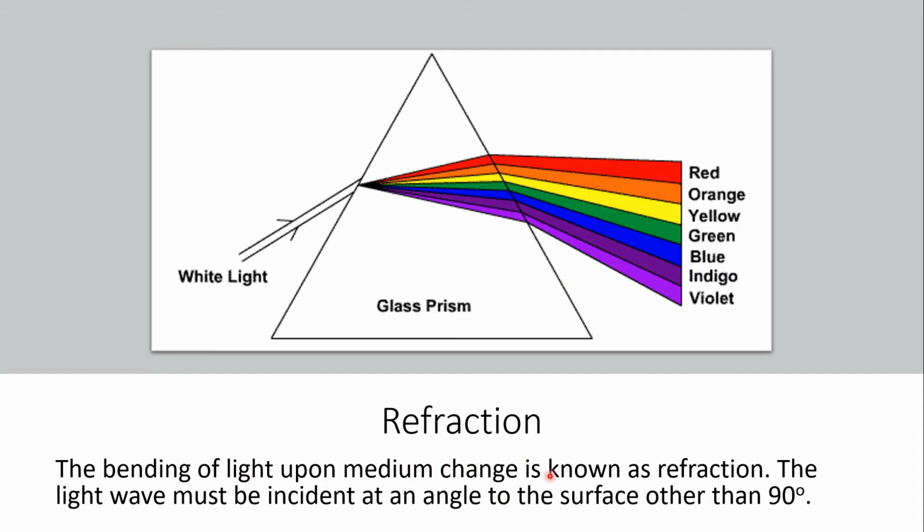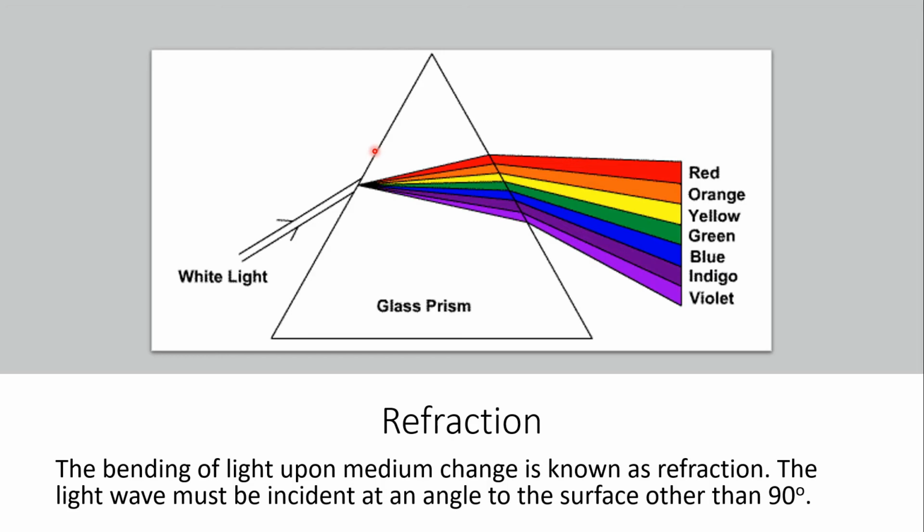The more important part is that the light should be incident at an angle other than 90 degrees, so it shouldn't be perpendicular to the surface. If it's at 90 degrees, it will pass straight through and it won't bend. On the other hand, if it's at any angle other than 90 degrees, it would bend, and the light wave would give you a fake sense of height.